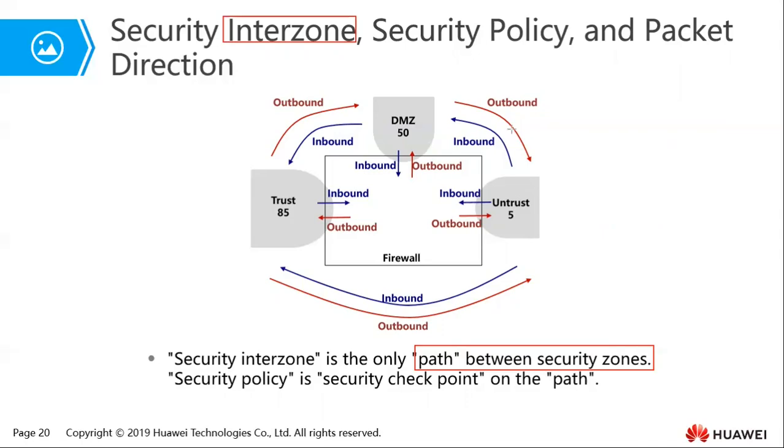What we're saying here is that this path, for example, from the trust zone to the DMZ is an interzone between the trust and the DMZ. We also can have another one in that direction when we are coming from the DMZ to the trust zone.